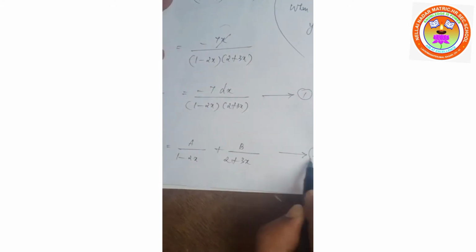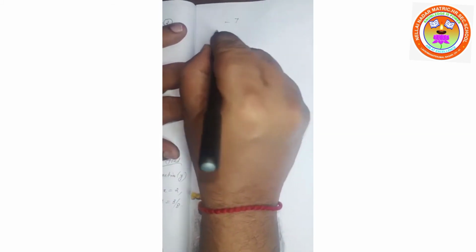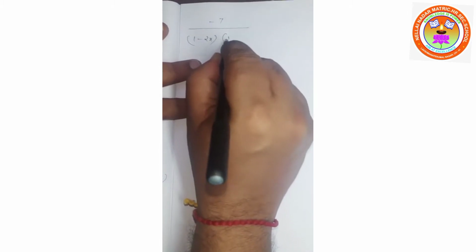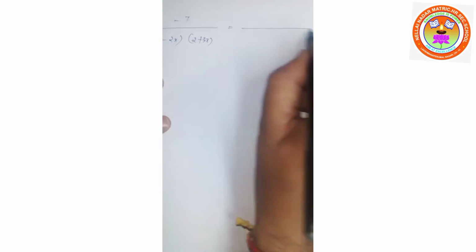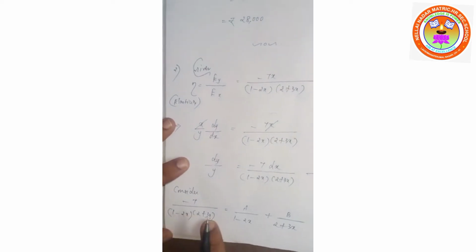Let it be number 2. How to find the values of a and b? Write the LHS as it is: minus 7 divided by (1 minus 2x) into (2 plus 3x). For the right hand side, the LCM is the left hand side denominator as it is, 1 minus 2x into 2 plus 3x.